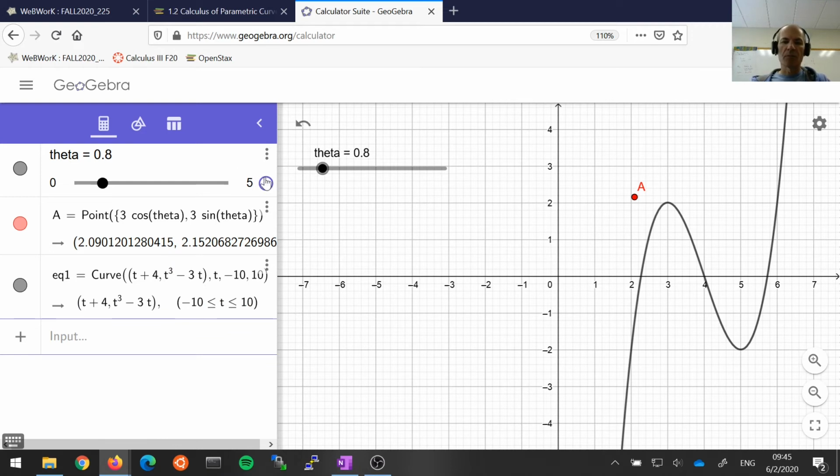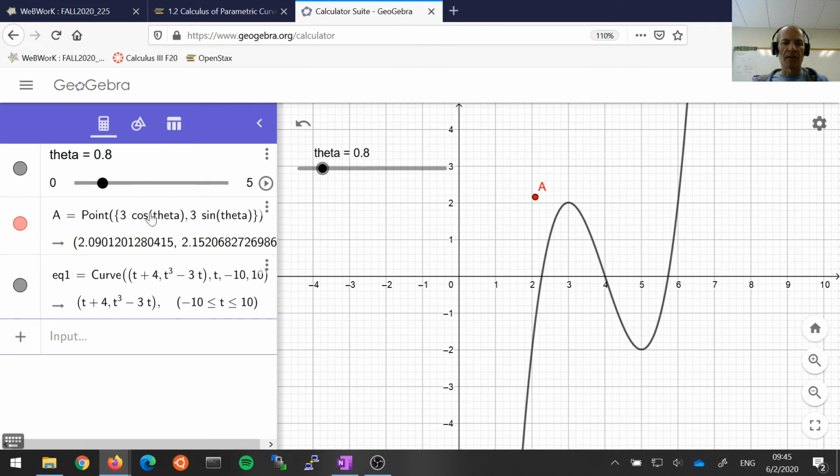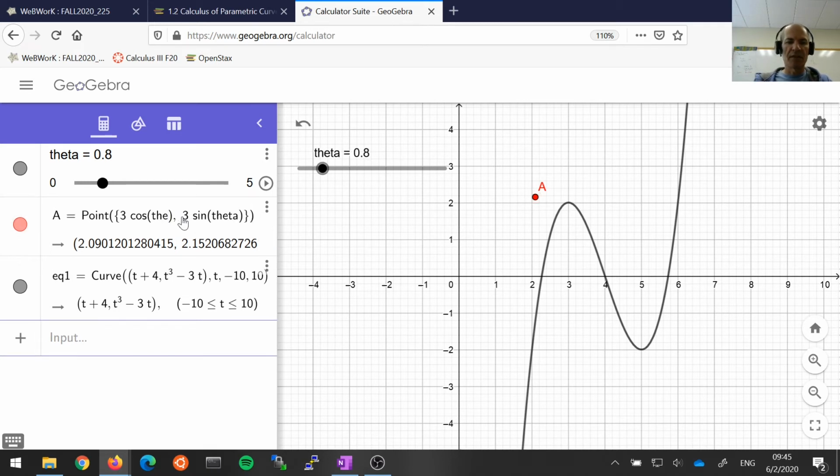All right, we have the equation of the curve over here. Let me put a point on there so that we can see the interaction.